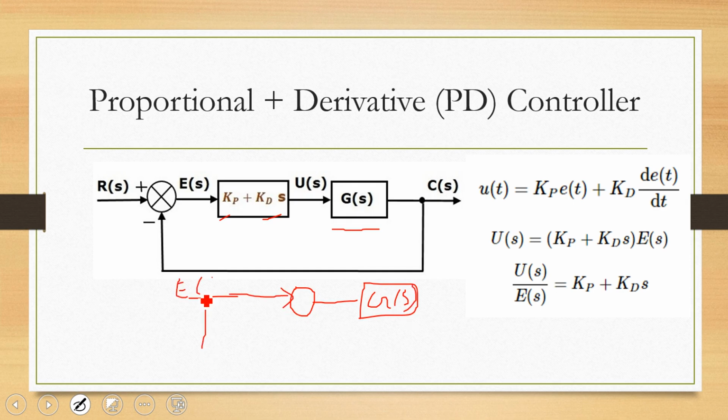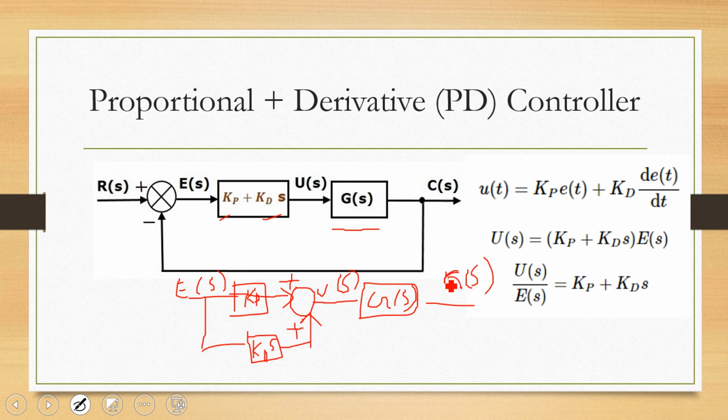This is the error E of S. Here you add a block which is Kp, and here a block which is Kd into S, the derivative. These two are given to the sum block. This is U of S, this is G of S, and this is C of S.